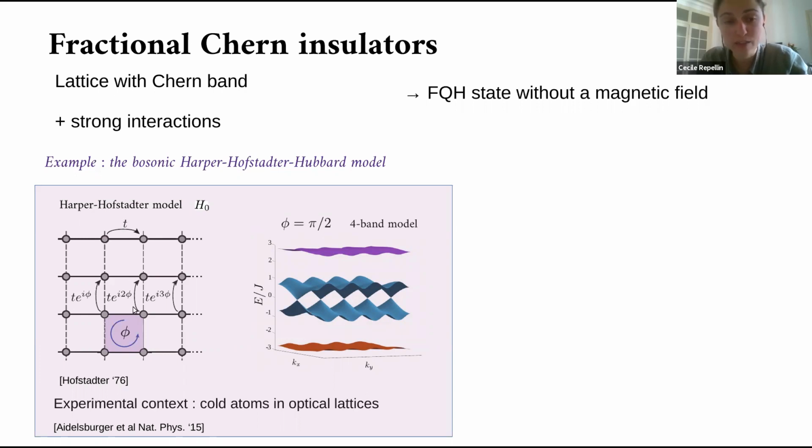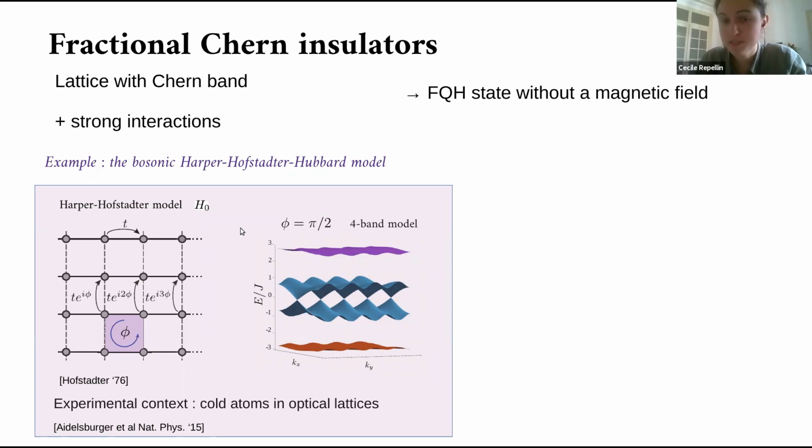Due to this complex number, we can see that on every plaquette of the lattice there is an enclosed flux equal to phi, meaning that if a particle goes around one plaquette like this, its wave function is going to acquire a total phase of phi.